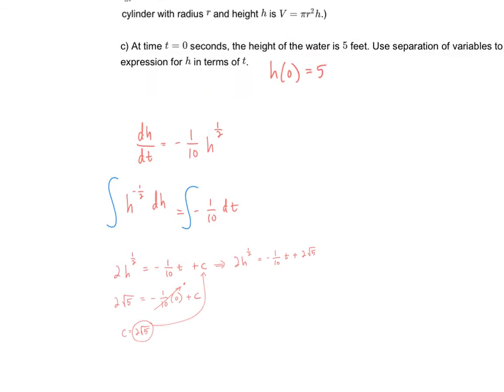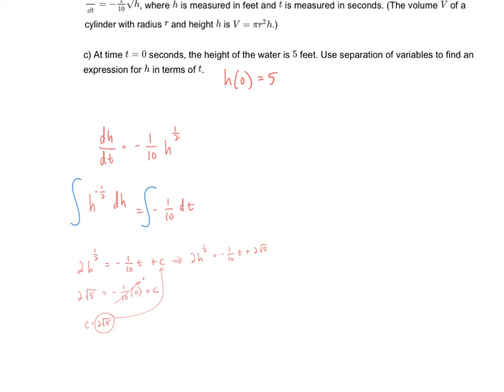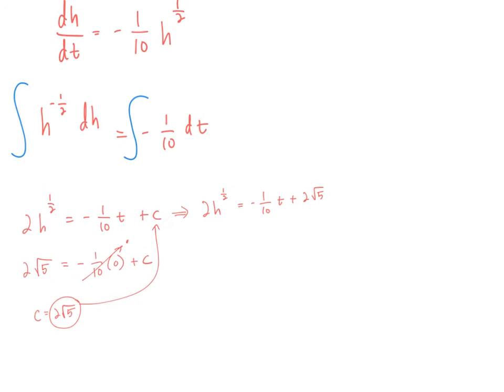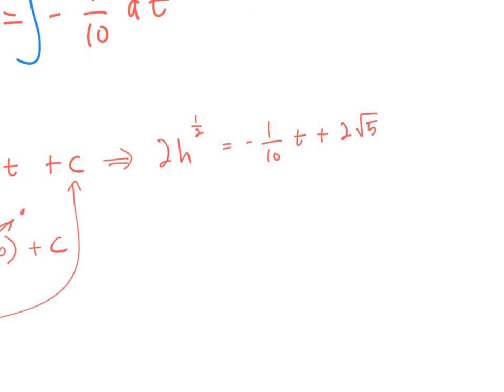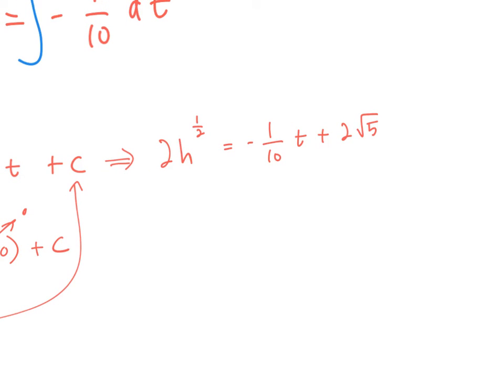They say use separation to find an expression for h in terms of t, so we still have to solve this for h to get h by itself. We get rid of the 2 by dividing everything by 2. These 2's just cancel, and dividing this by 2 gives 1/20.